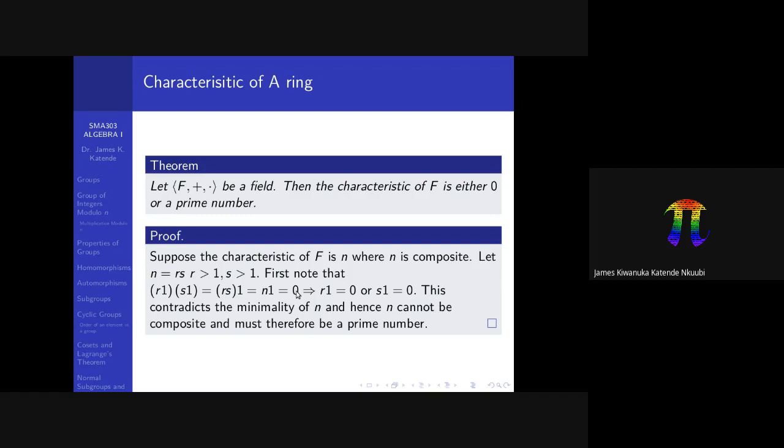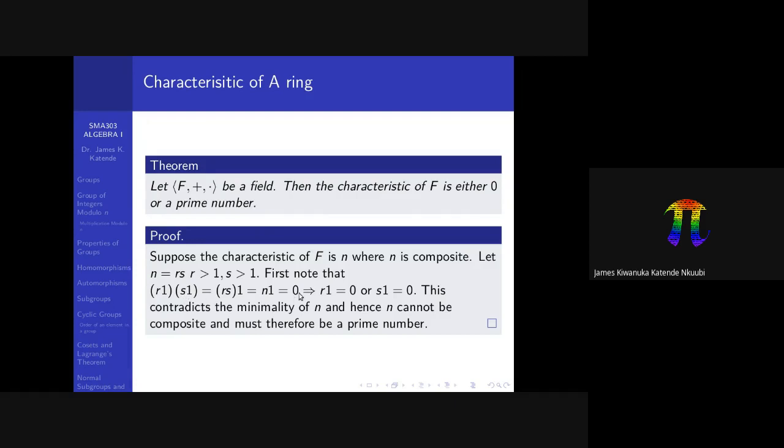Now it happens that this is a field, and therefore it must be an integral domain. A field is a division ring, a commutative division ring, and we showed that every division ring must be an integral domain. Right? Now, being an integral domain, you're multiplying 2 elements in the integral domain. So this is 1 added to itself r times and 1 added to itself s times.